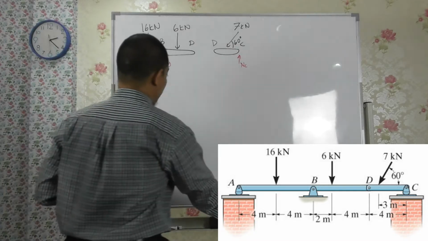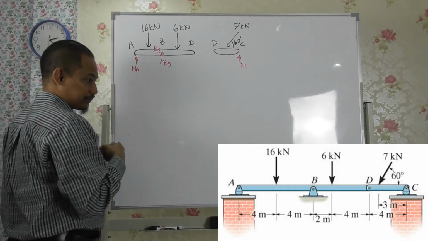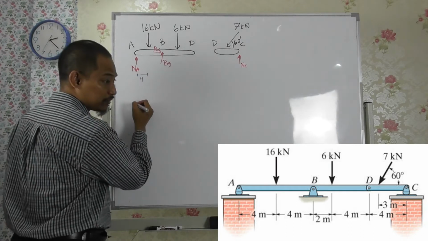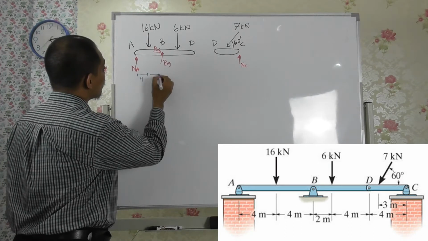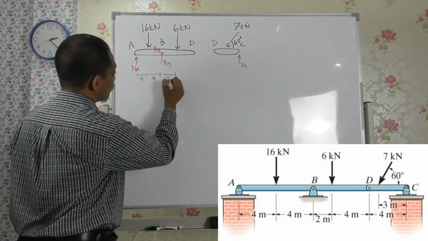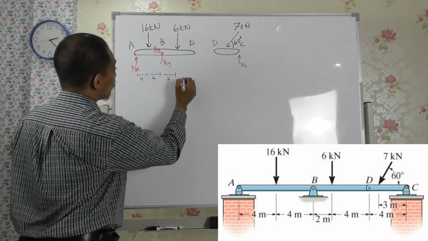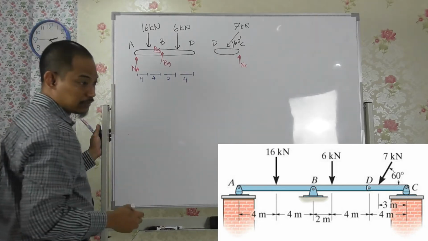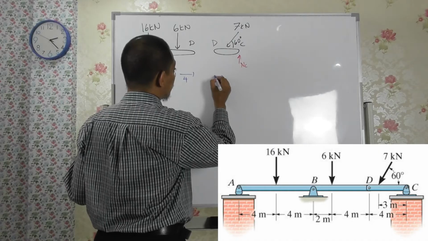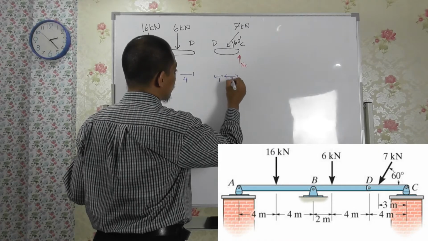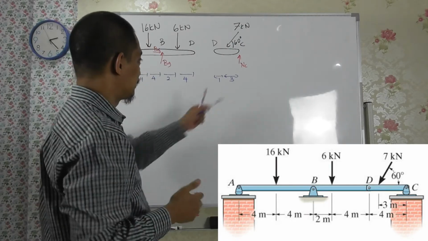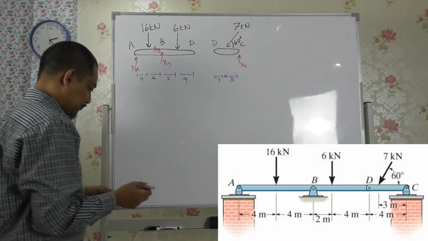For the dimensions, we have 4 meter here, 4 meter there, 4 meter here, 2 meter here, 4 meter here, and then 1 meter and another 3 meter. There's 4, and there's 3, so 3 and 1. Alright.